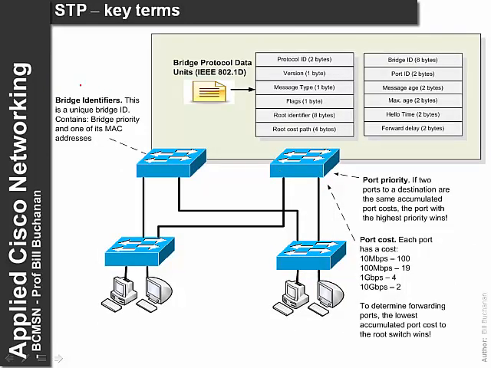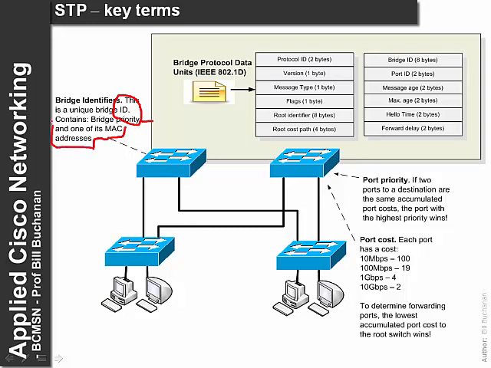Some of the key terms that we have is that we have a concept of a bridge identifier, and that allows us to create a unique bridge ID. Typically it's the bridge ID priority and also one of its MAC addresses.